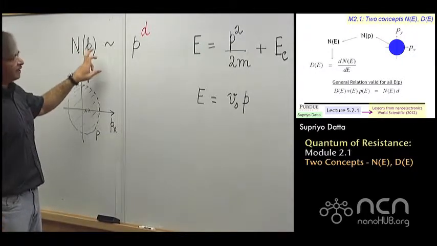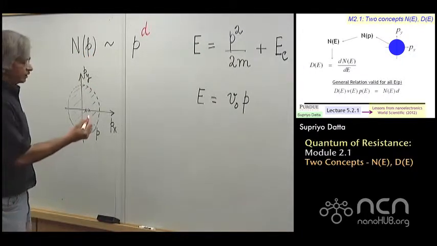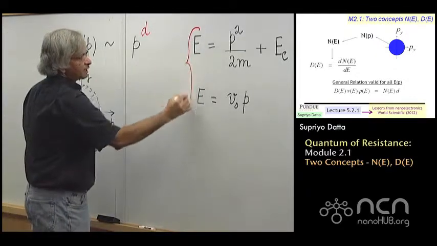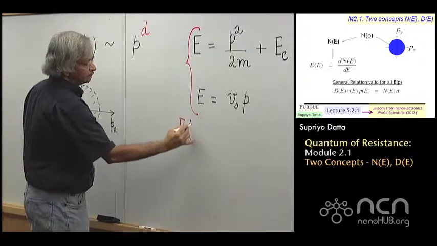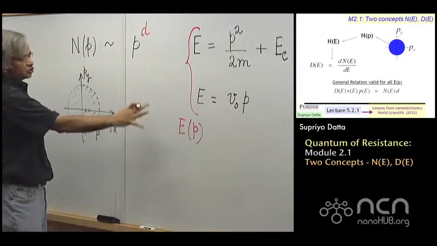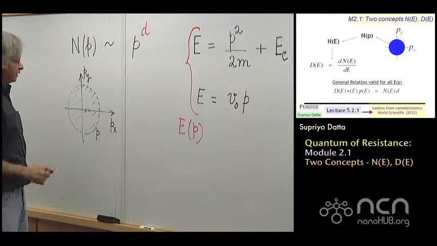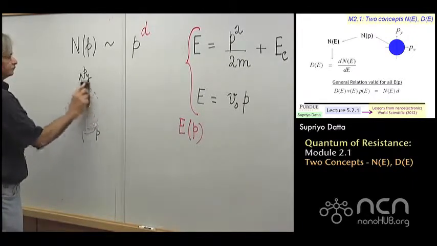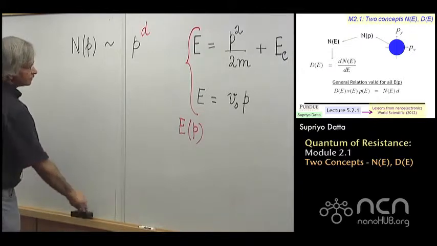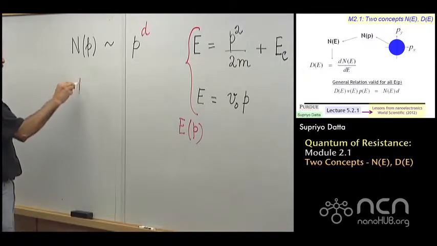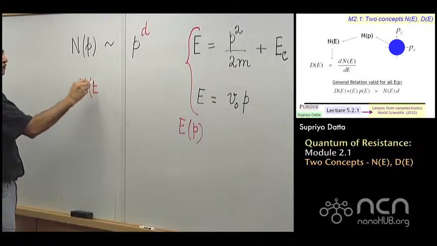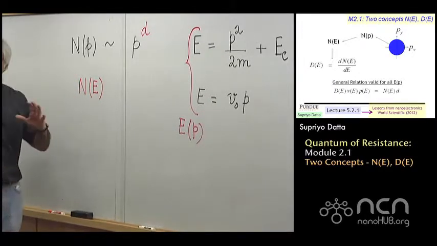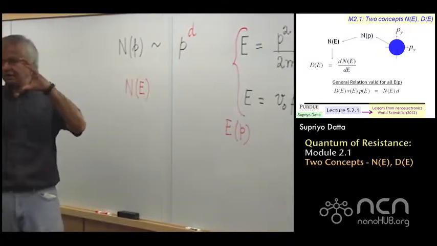And what we'll do is combine N of P with this E of P. So in general, we have some energy-momentum relation, and we can combine those two to obtain N of E. What that tells you is, how many states do we have up to a given energy E?